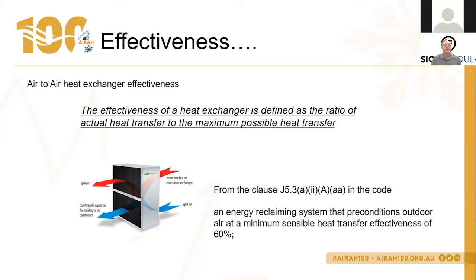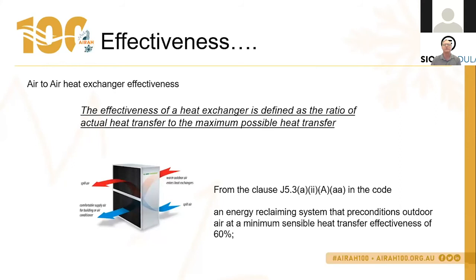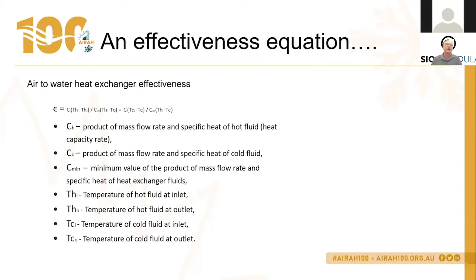Efficiency of a heat exchanger: I'll just show you a couple of the equations that are used to calculate effectiveness of heat exchangers. An air-to-water heat exchanger effectiveness has the following equation. I'm not going to go into details of the equation.